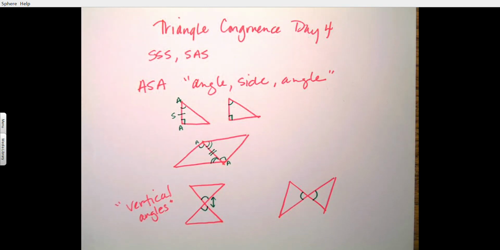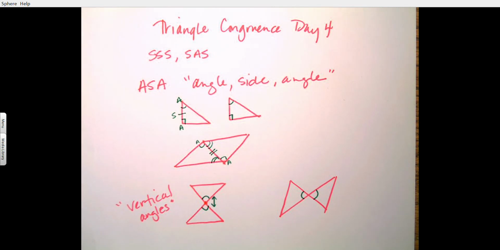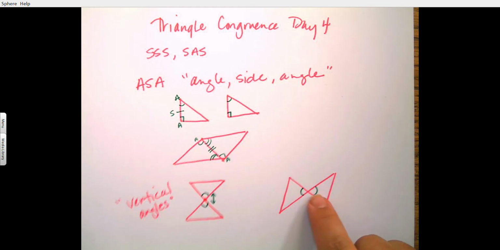These are kind of another secret angle that doesn't have to be marked, but when two lines, like this line and this line, cross at one exact point right here in the middle, it makes two angles that are exactly the same, and we call them vertical angles. So you'll see that today. Again, these do not have to be marked.